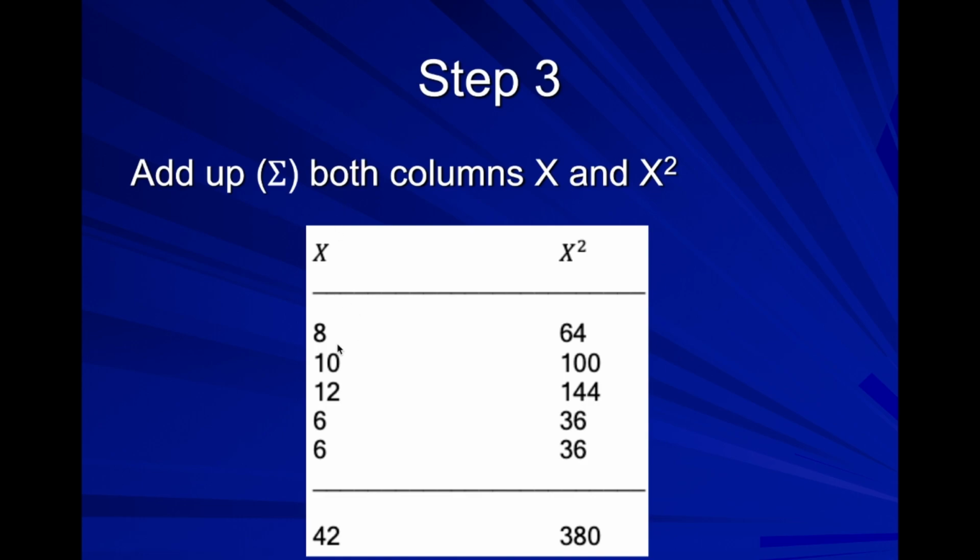So sigma of these 5 scores is 42. This is sigma x, and you put it in parentheses if you want. Then you have x squared. When you add up all of the squared scores, you have sigma of x squared, and you get 380. So these add up to 380.